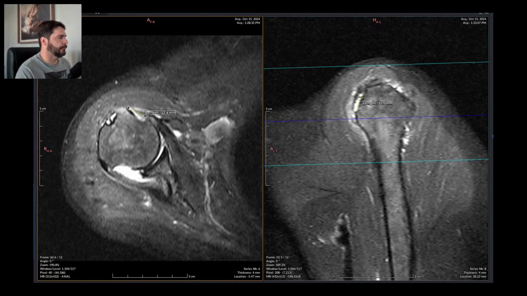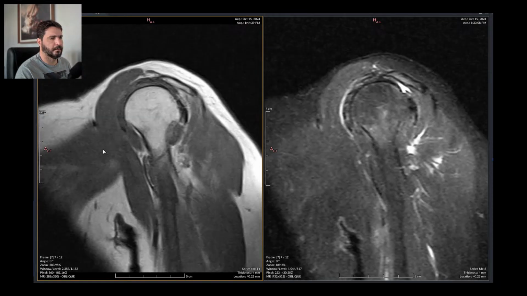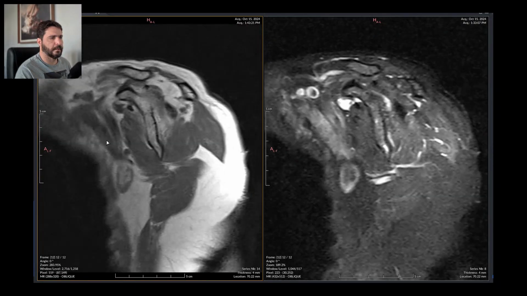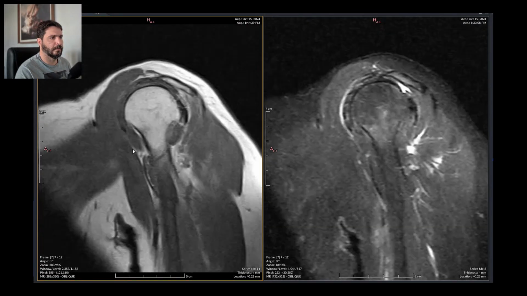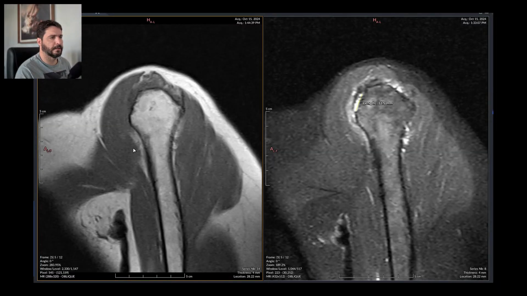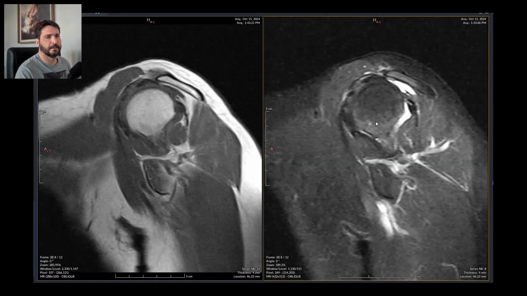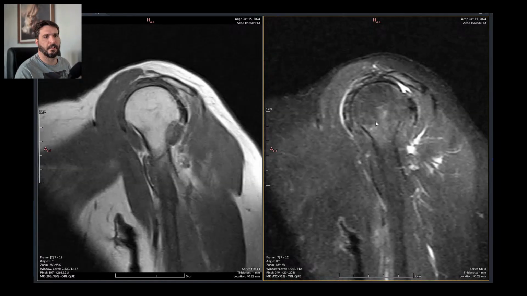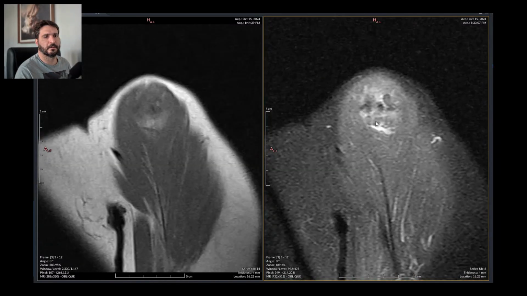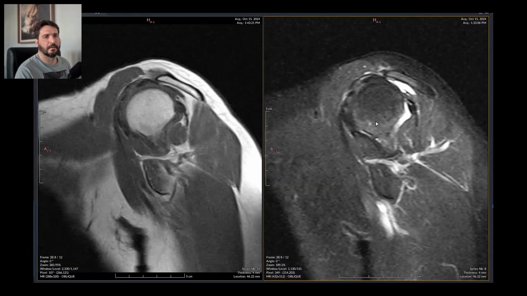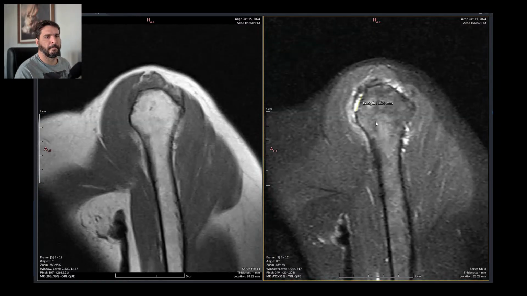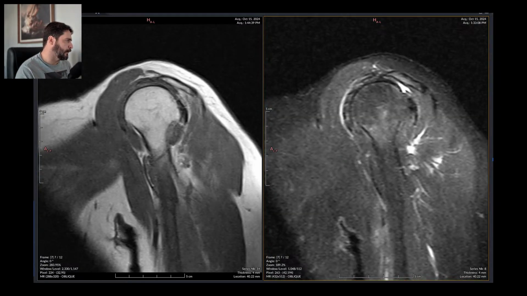Bursitis, hypertrophy. I suppose there is some trophic changes of the subscapularis, but not as much as the other tendons of the rotator cuff. So we are done here.